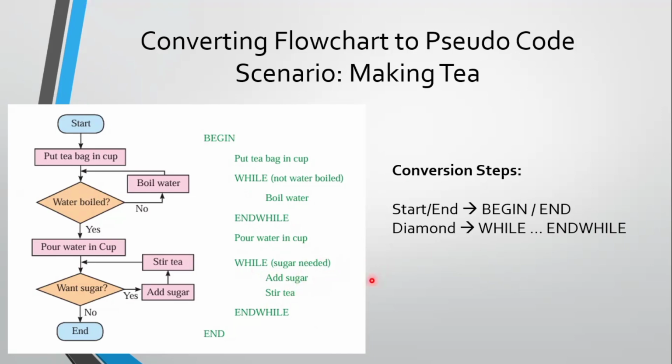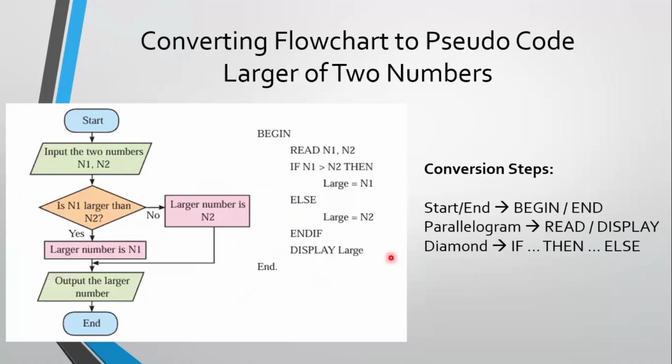You can see the actions inside this rectangle, the process box. You can see those actions as simple English instructions here, here, here, and here.